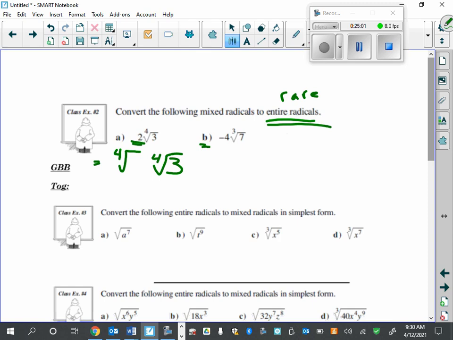So write down 2 times 2 times 2 times 2, or 2 to the 4th. What's 2 to the 4th? Sweet 16. So you put 16 there. How did you get 16? You multiply 2 by itself 4 times. And now you just simply multiply 16 times the 3, and the 4th root times the 4th root is a 4th root.